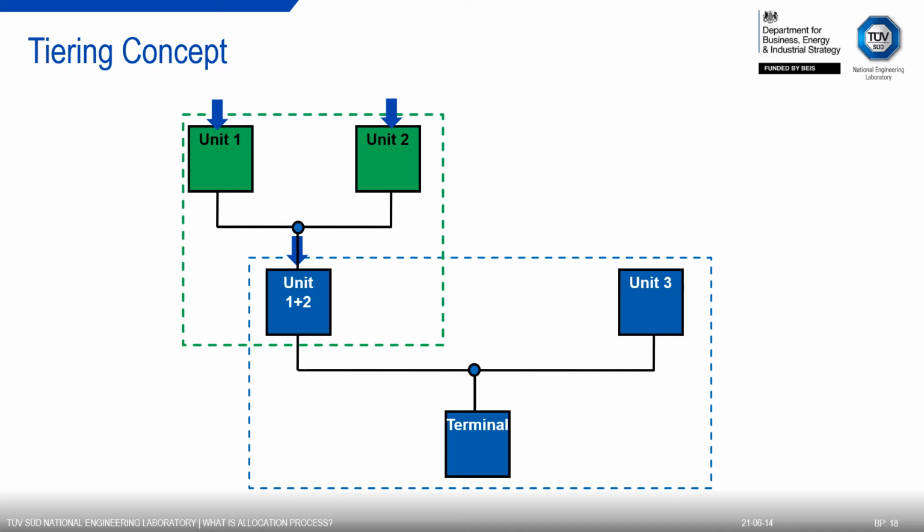However, as you can imagine, the unit 1 plus 2 is receiving production from a unit 1 and a unit 2, and therefore you will have a second level of tiering here, represented in green in this case. So whatever is entering inside this dash square that I'm presenting in green is inflow, and the unit 1 plus 2 is the outflow from this square.